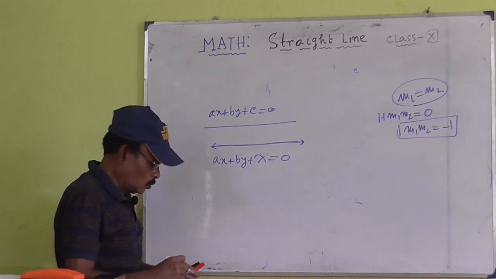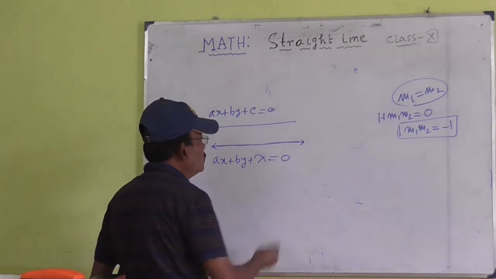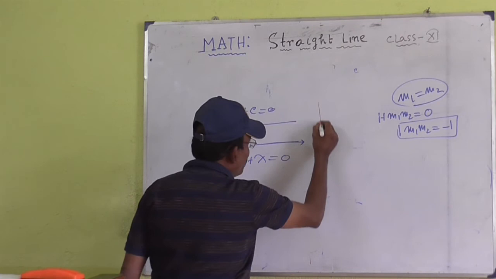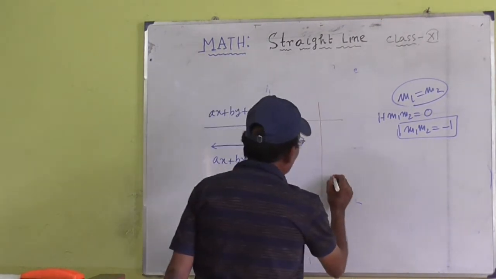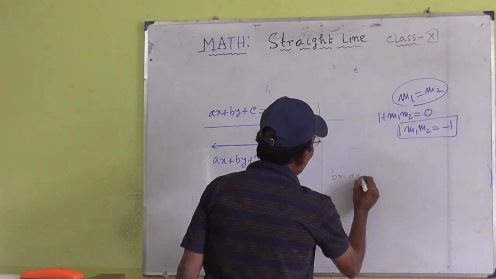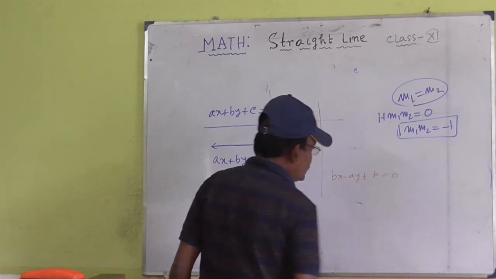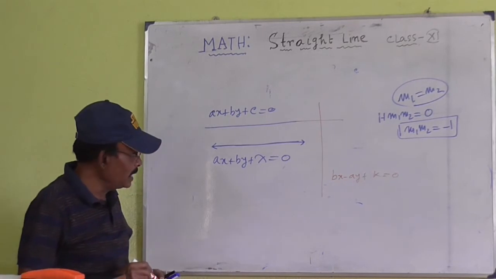Also, if a line is perpendicular to that line, its equation will be bx minus ay plus k equal to 0, where k is any constant.